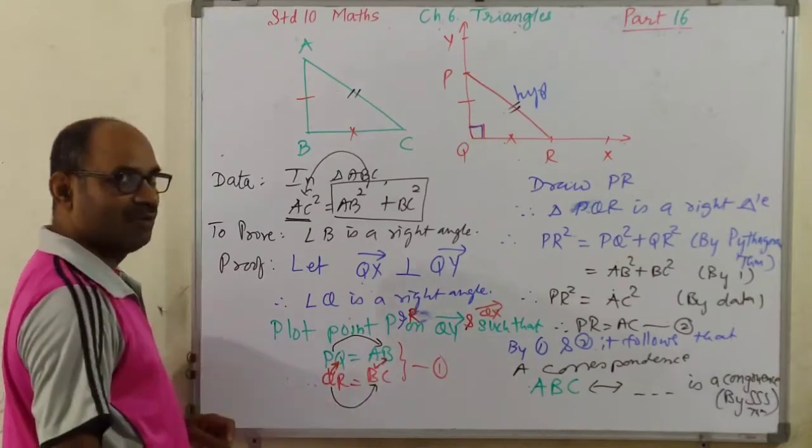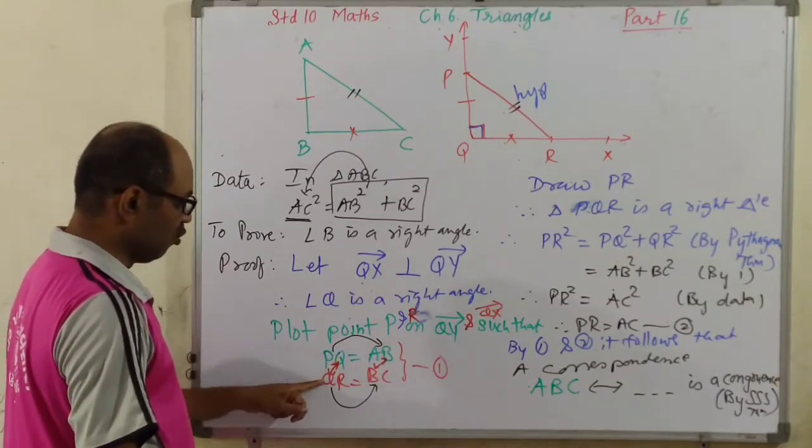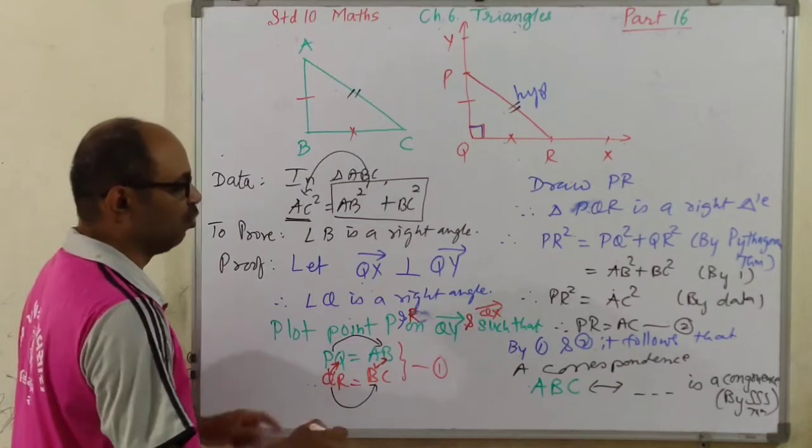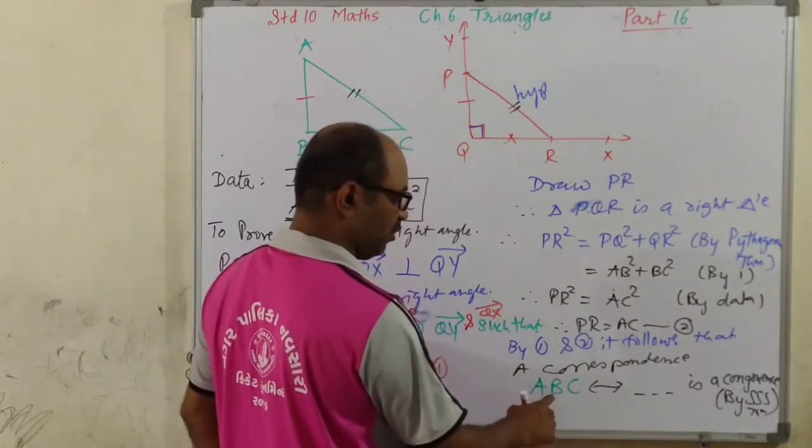B. That's how you can get it. These two have Q and these two have B. So Q corresponds to B or B corresponds to Q.